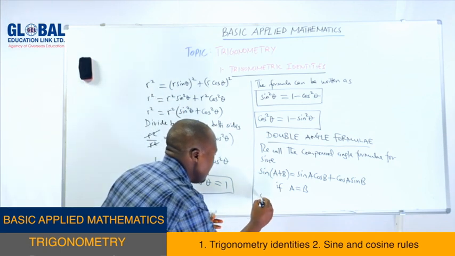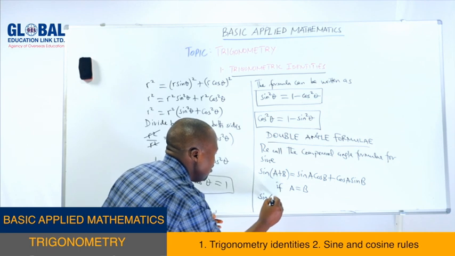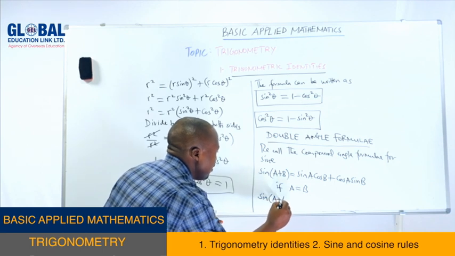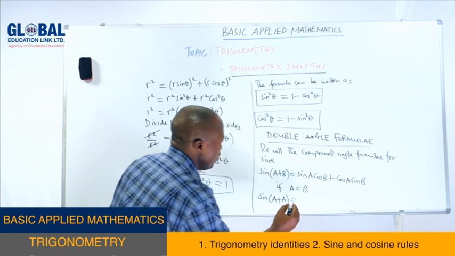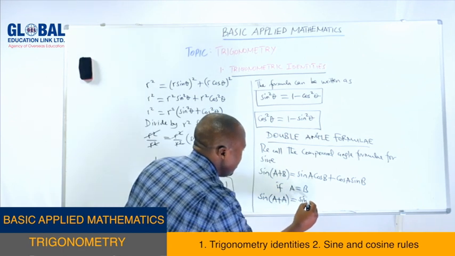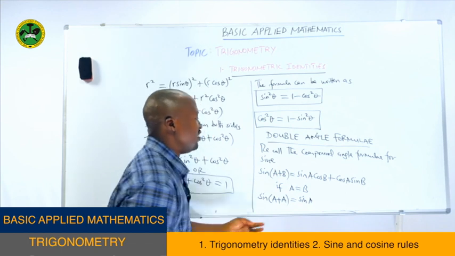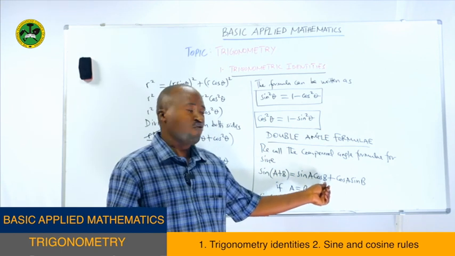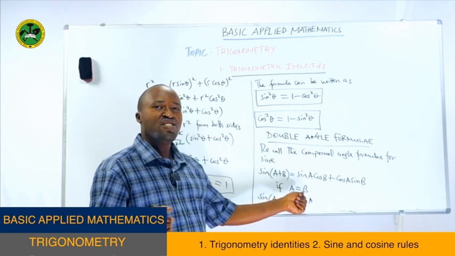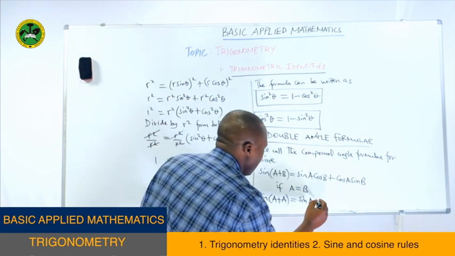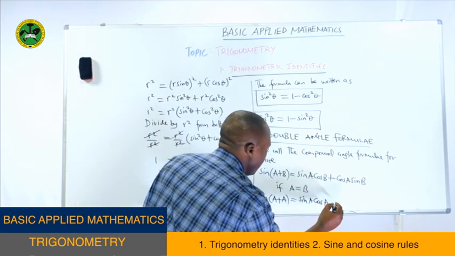This will be sine of A plus A is equal to sine A, then cos B. Instead of cos B, we write cos A. Why? Because A is equal to B. So that is cos A.